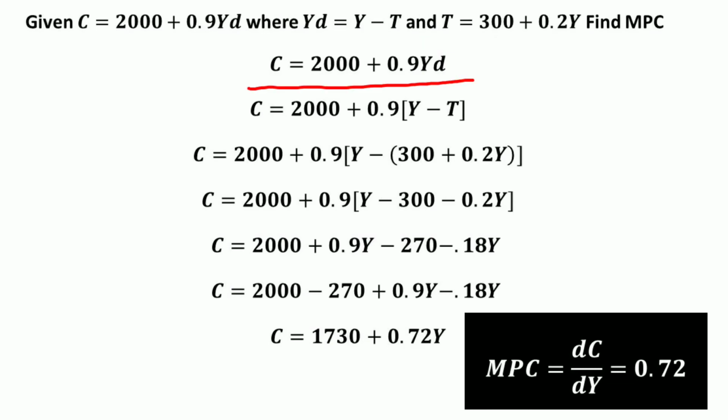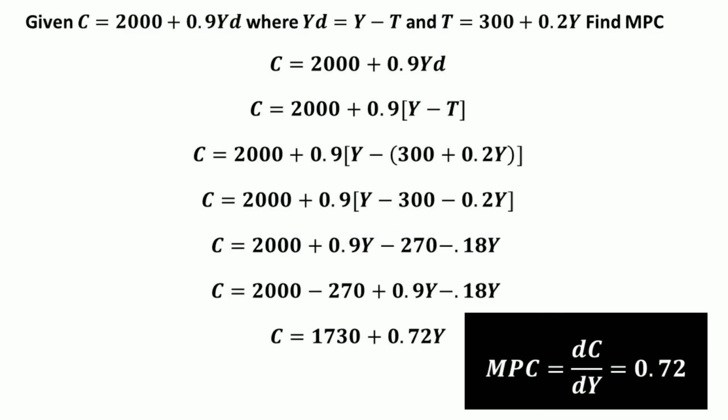So the consumption function is equal to 2000 plus 0.9 YD, where YD is equal to Y minus T. And we are substituting the value of T as 300 plus 0.2Y. Then the consumption function will become 2000 plus 0.9 into Y minus 300 minus 0.2Y.